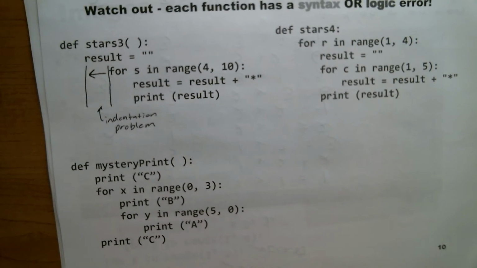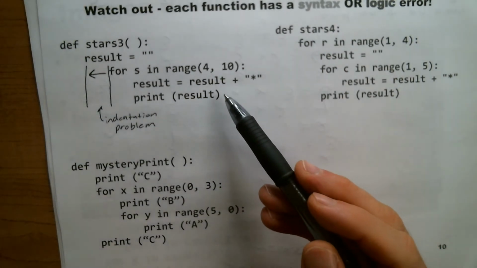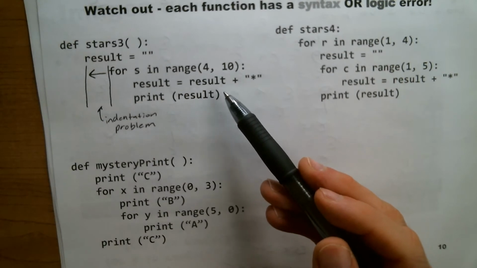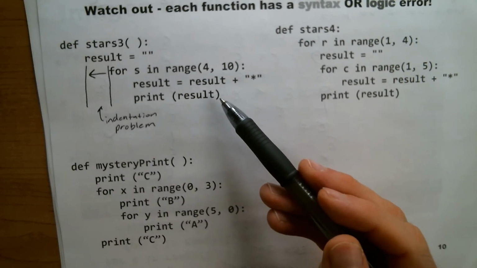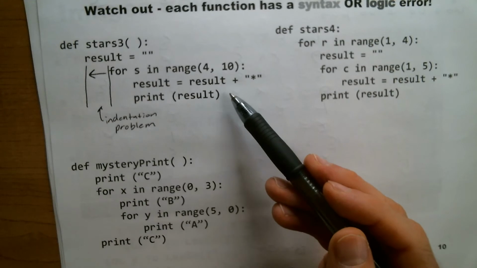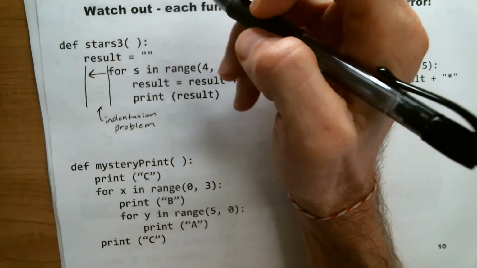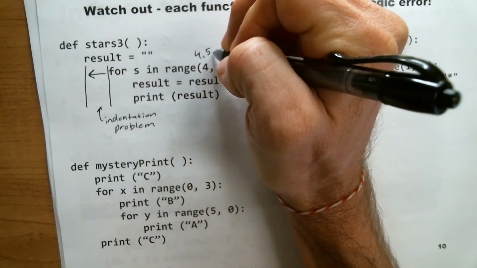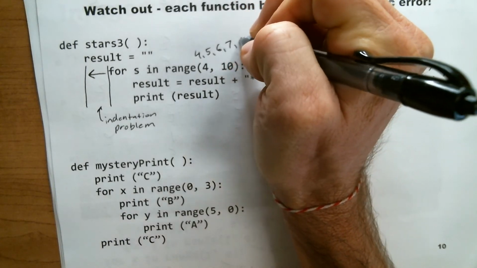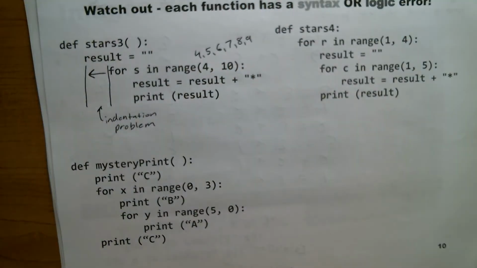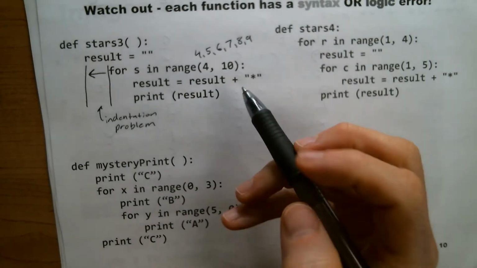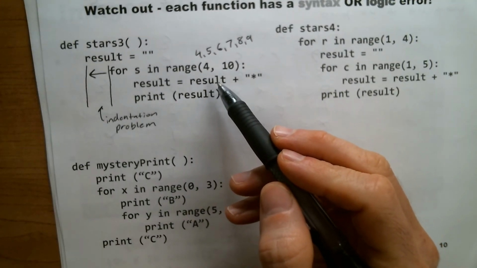Now, as far as what this program is actually doing, we've seen this sort of program before where it's just building up the stars. So again, this is going to go 4, 5, 6, 7, 8, 9. And each time it's adding a star to this result variable.